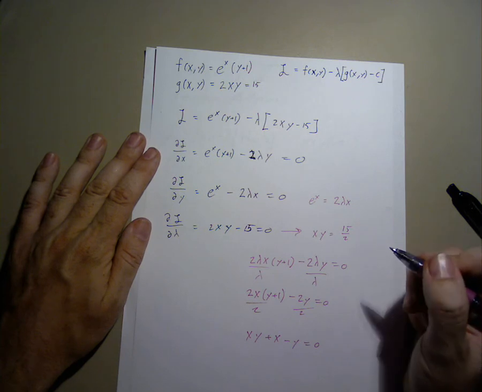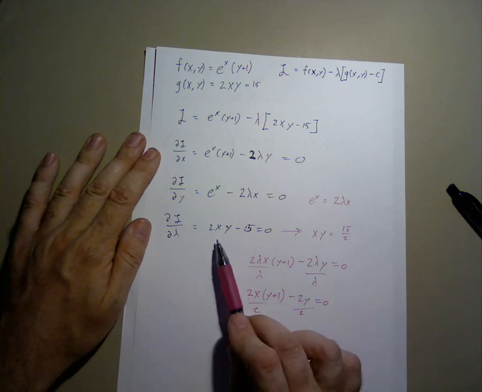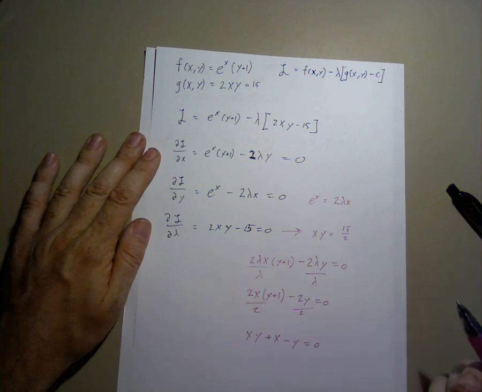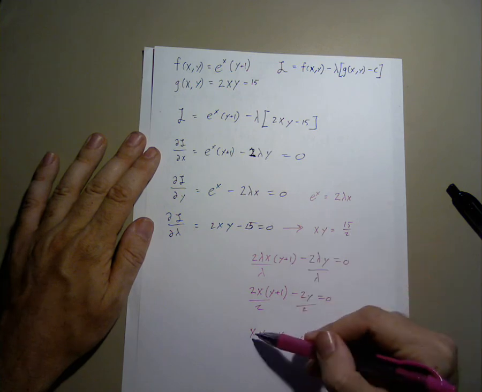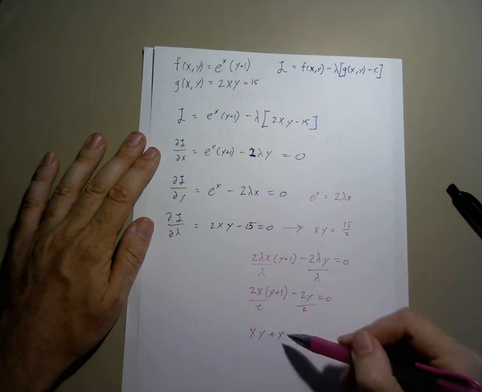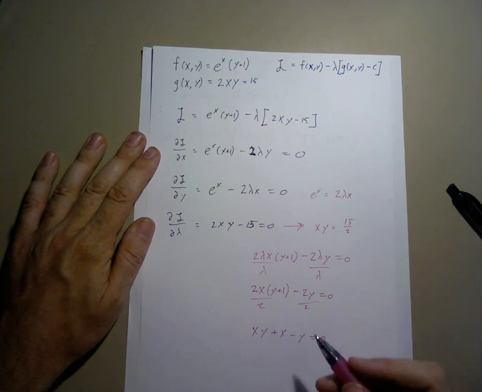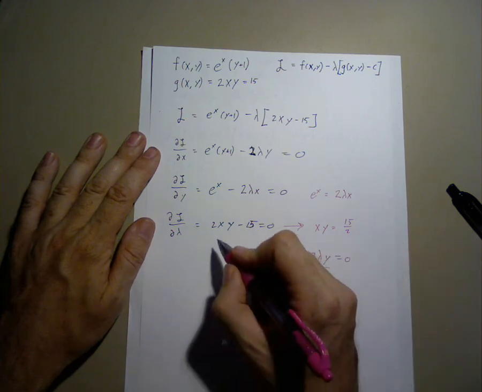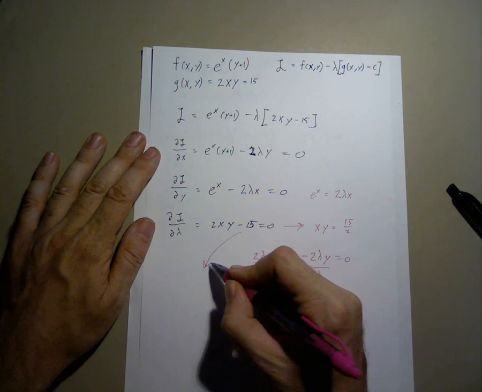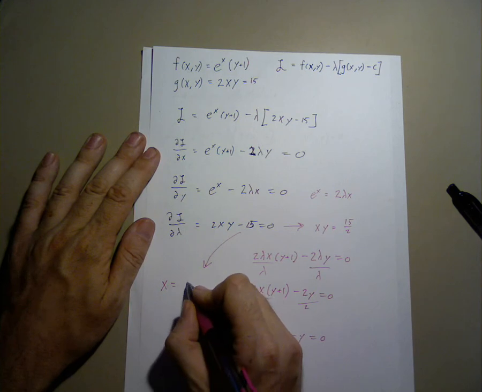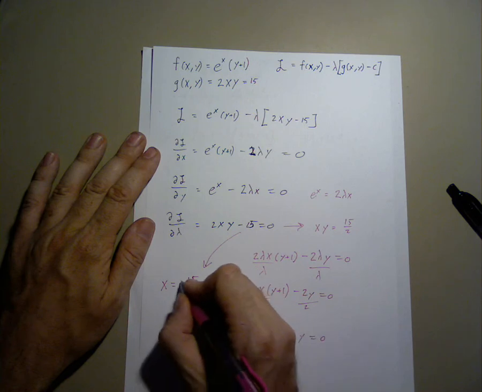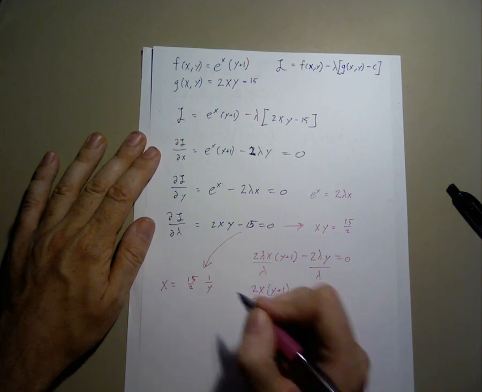Or, better yet, we can solve this for x. Okay, this seems like an easy way, but leaves us with no clear resolution. So instead, I'm going to solve this for x, which gives us x equals 15 over 2, times 1 over y.